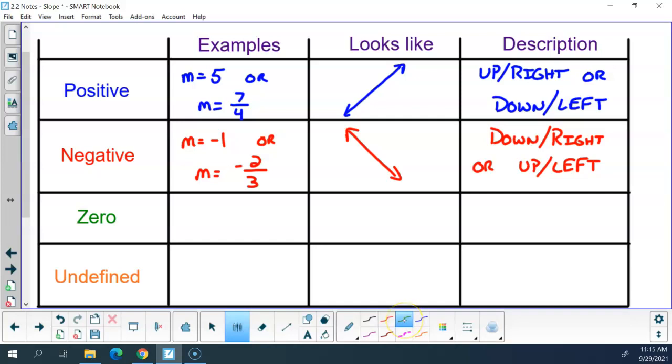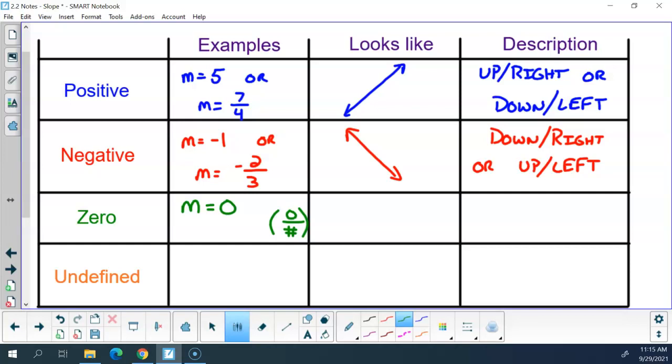A zero slope is literally going to be m equals 0. Okay? Now, you may see it when you're doing the math as 0 over some number, okay? But 0 divided by any number is just 0.